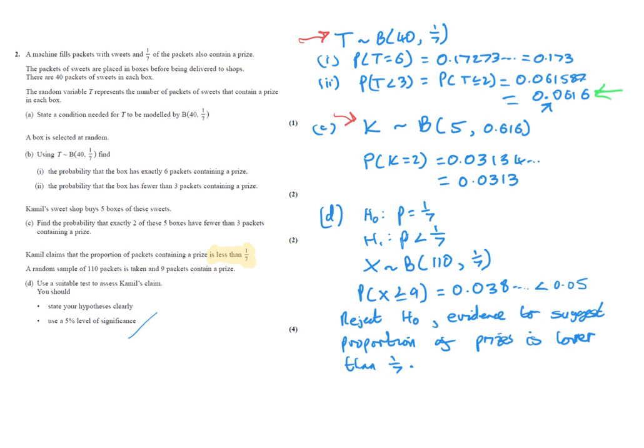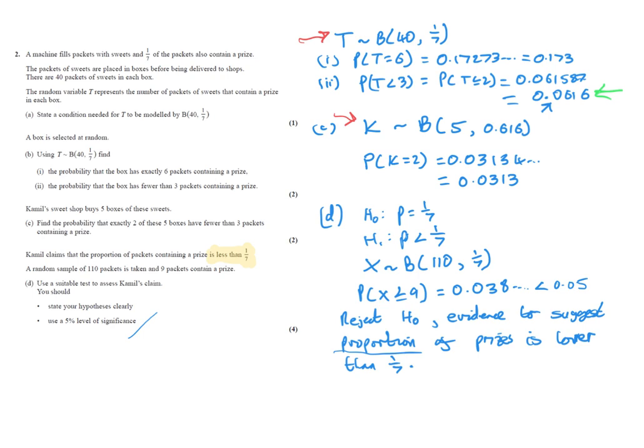You could have said Camille's claim is allowed because he claims it's less, that's what he thought was happening. Looking at the mark scheme, they were really strict actually, interestingly, about wanting the word proportion there, so not the number of the prizes, the proportion of the prizes, because of course that's what that seventh is suggesting.